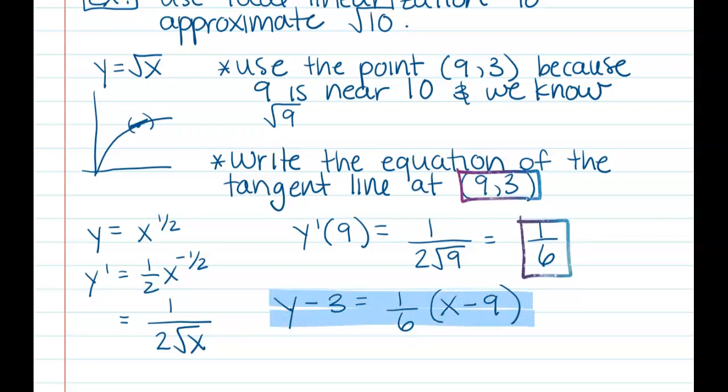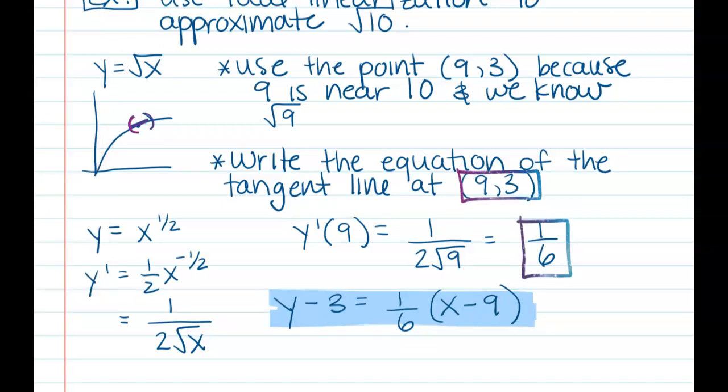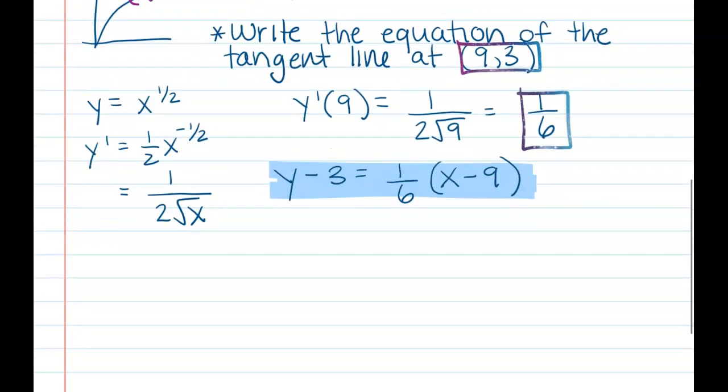Again, let's say this is the line we're looking at. I'll make it a color we can actually see. We're going to estimate right around it, and now is where we go back to approximating square root of 10. So now we have y minus 3 equals 1/6, and the x value we're using in this line is 10.